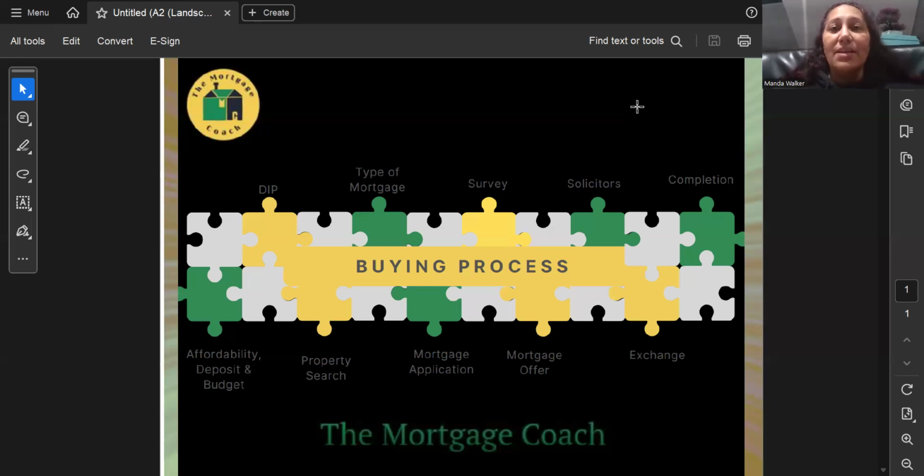The next thing is, once you've done that decision in principle, a top tip I will always say, whether you're getting your mortgage advisor to do it or doing it yourself, is to do it on what you are budgeting for. The reason being, you lose your negotiation otherwise.